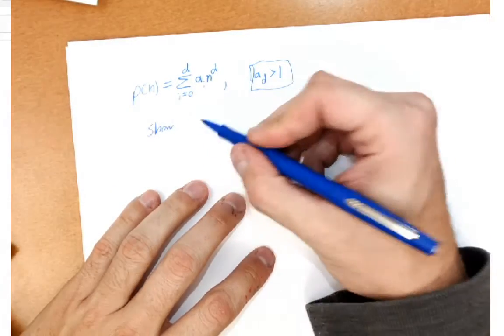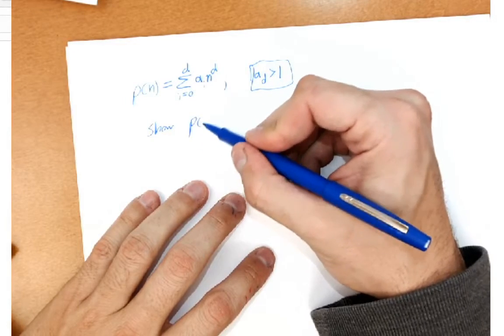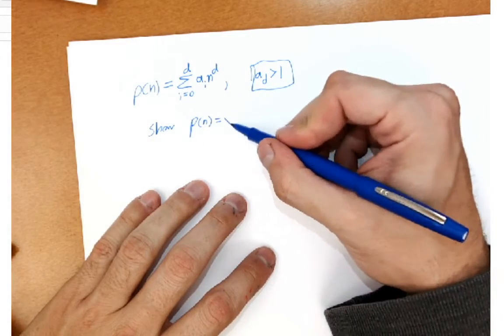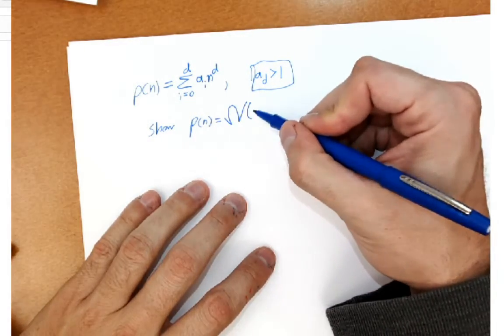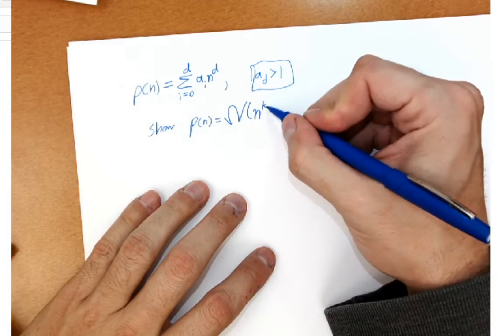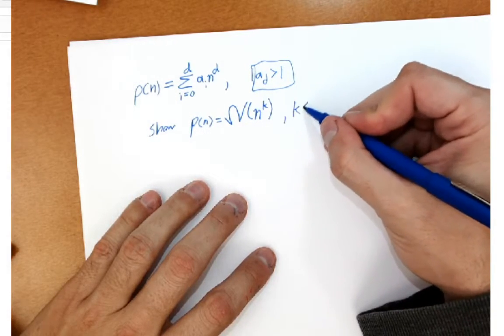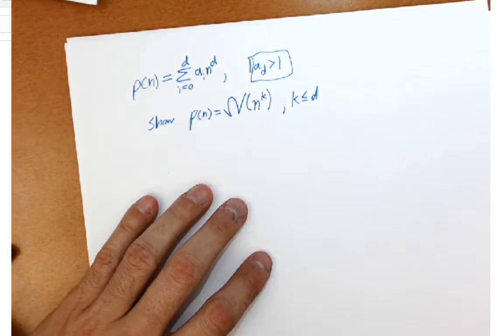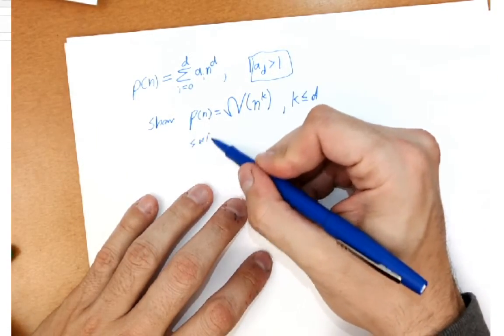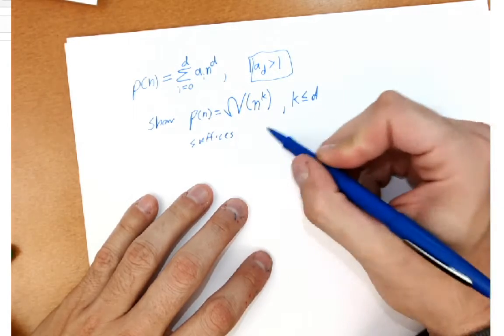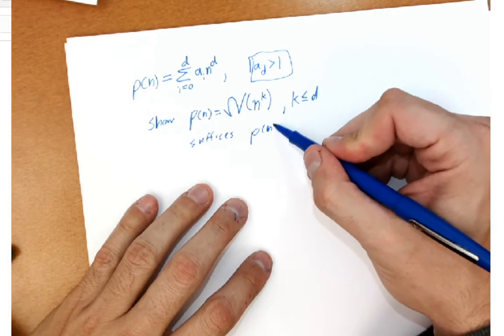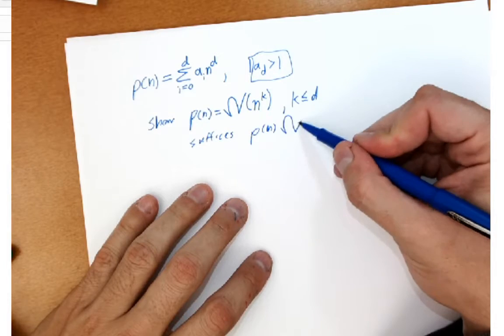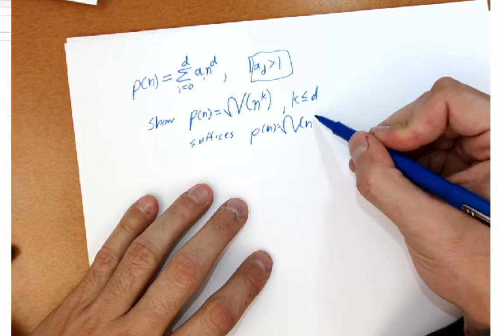One of them is that p of n is omega of n to the k, where k is less than or equal to d. Because of the way omega works, it suffices to show that p of n is omega of n to the d.